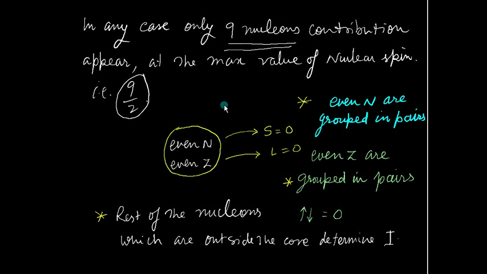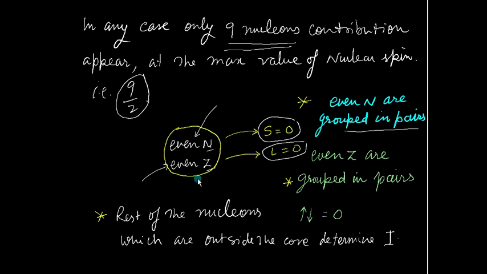What actually happens is that even numbers of N and Z form a core, and these even numbers of N and Z nucleons are grouped in pairs, and because of that S is equal to 0 and L is equal to 0.